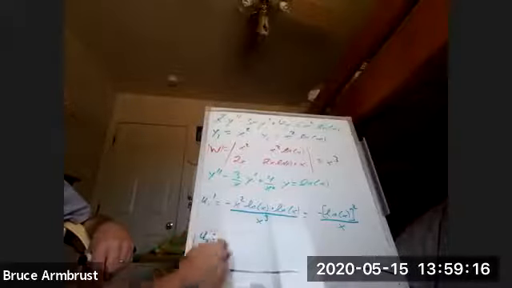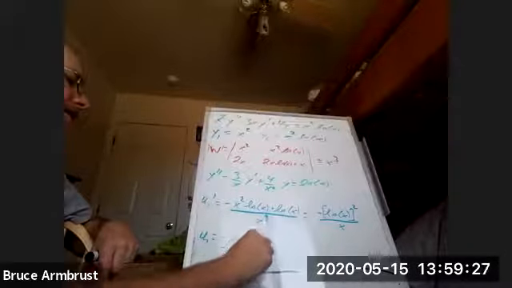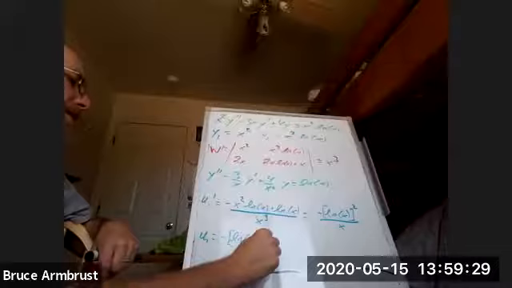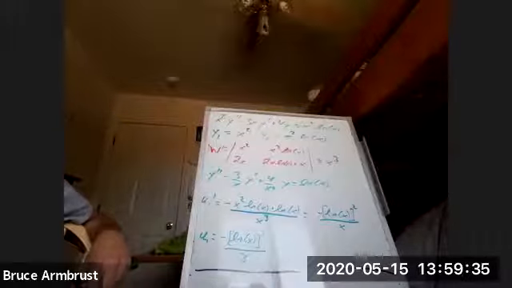So if we integrate that, this would be a u sub where you let u equal natural log of x. And so this ends up being minus natural log of x cubed divided by 3. The 1 over x comes from the chain rule on the natural log of x.